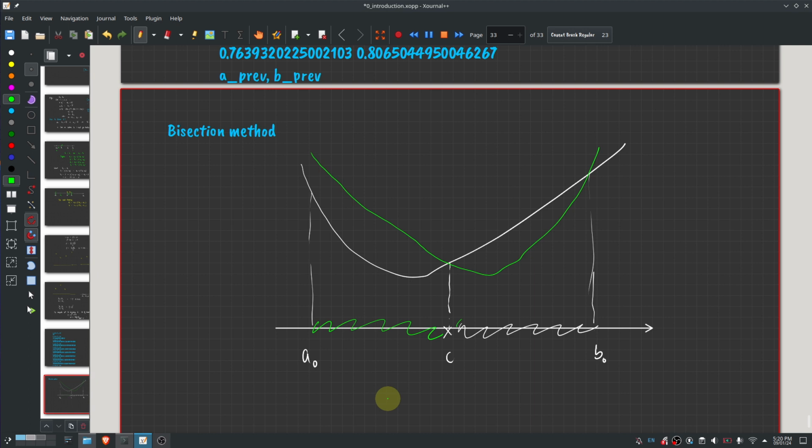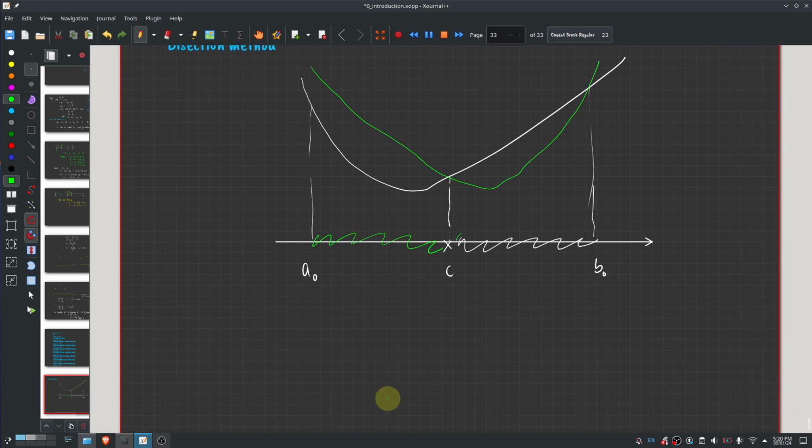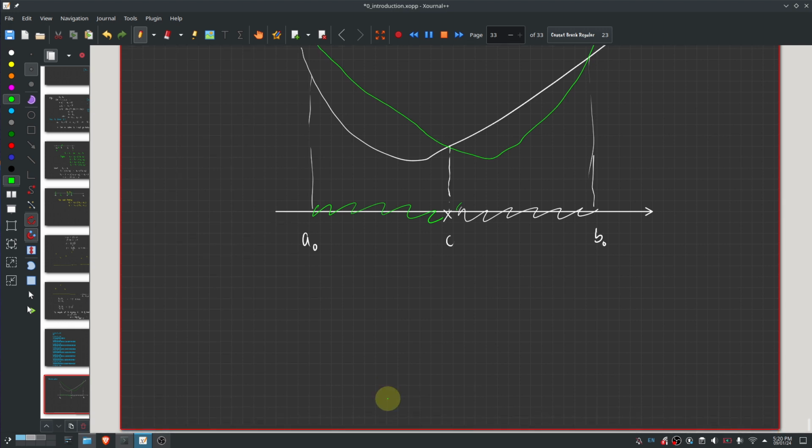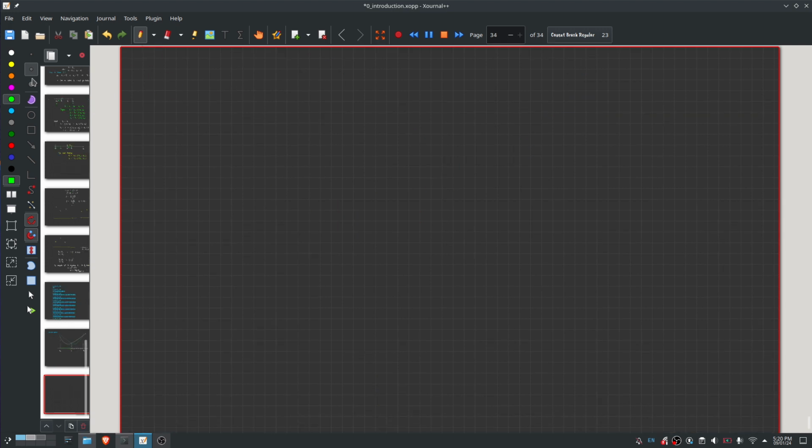Correct? I can keep repeating at every stage. So how do you choose C? What do you think is the best choice of C? The midpoint. Correct?